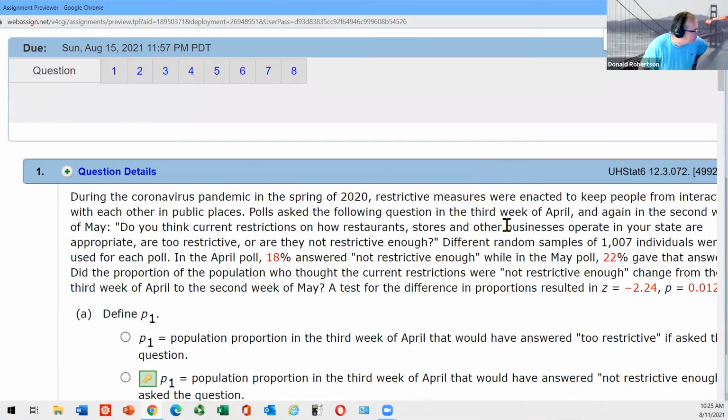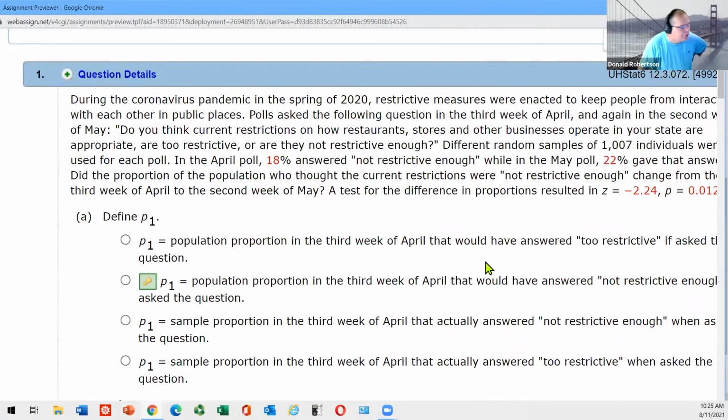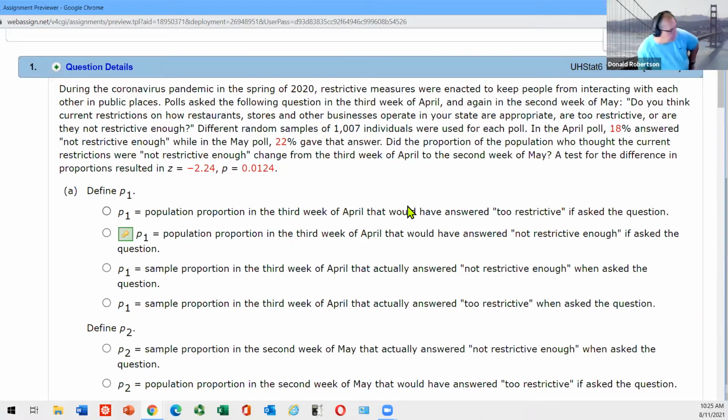What's this one about? Yeah, this is a new one because I got rid of some questions and replaced it by this quite long-winded one, but let's see what it's like. During the coronavirus pandemic in the spring of 2020, restrictive measures were enacted to keep people from interacting with each other in public places, like 6 feet apart, wear masks, all sorts of rules like that.